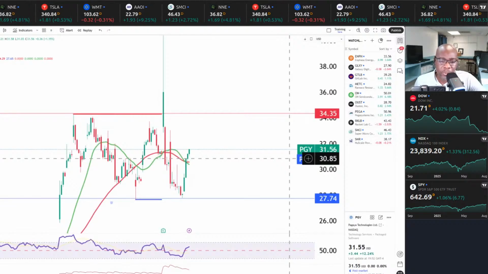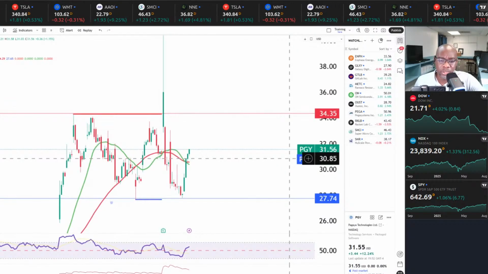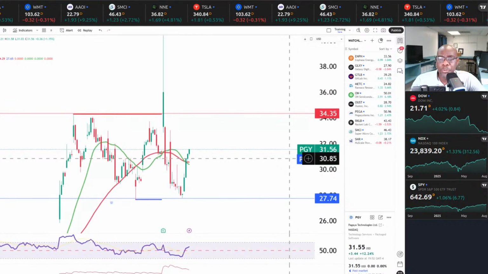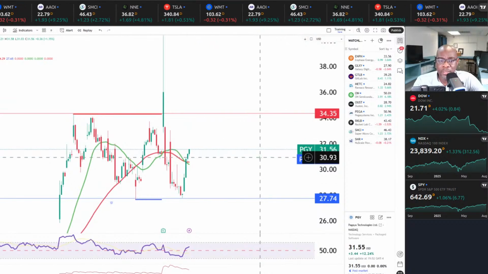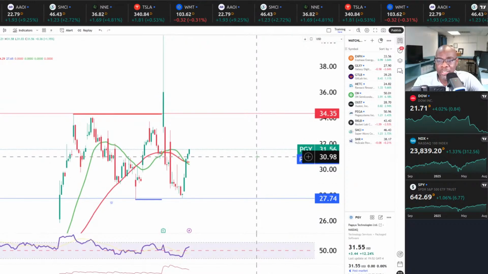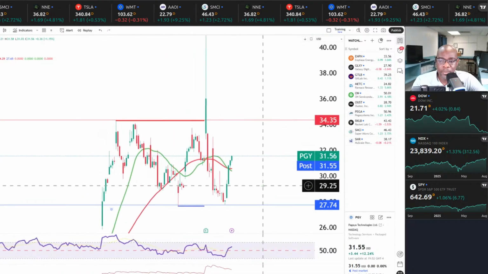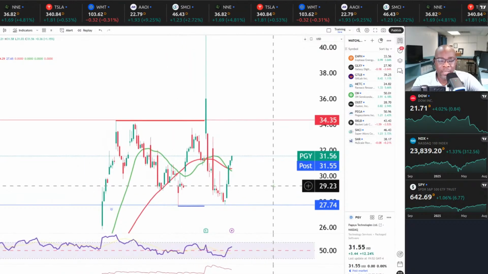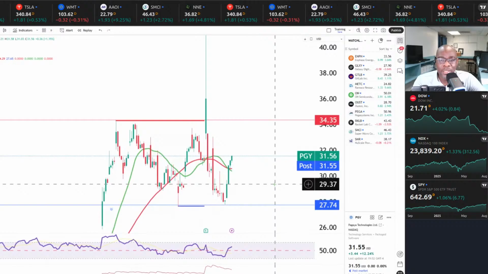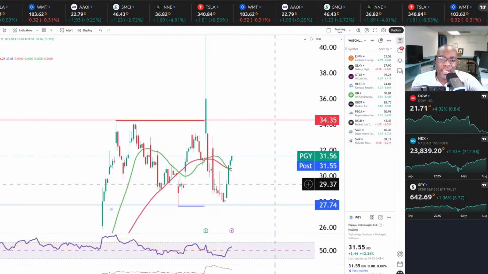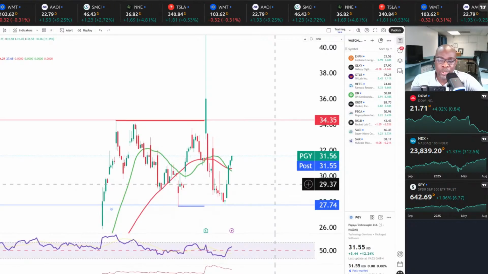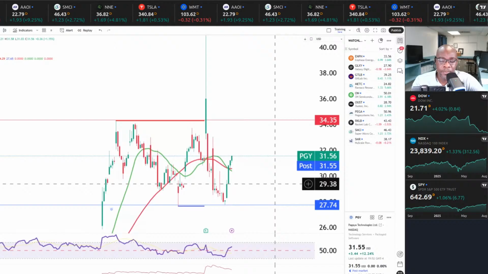Most of the students that I have, the reason why a lot of them make bad trades when they were self-taught or whatever the case may be, was because they had limited stock options. When I say limited stock options, there's over 10,200 stocks on the US market alone, right?